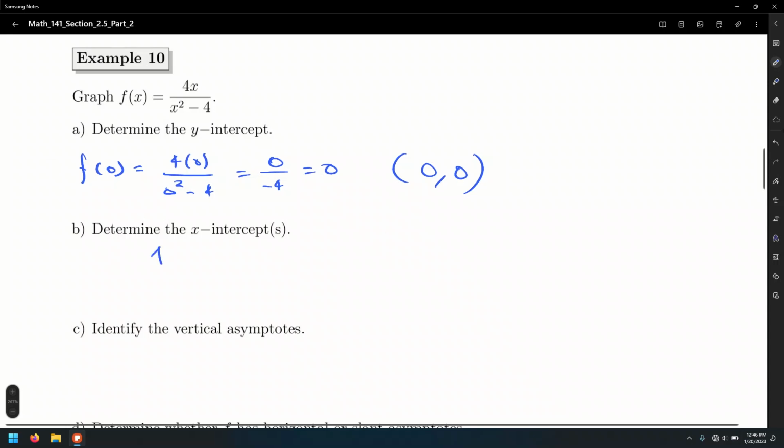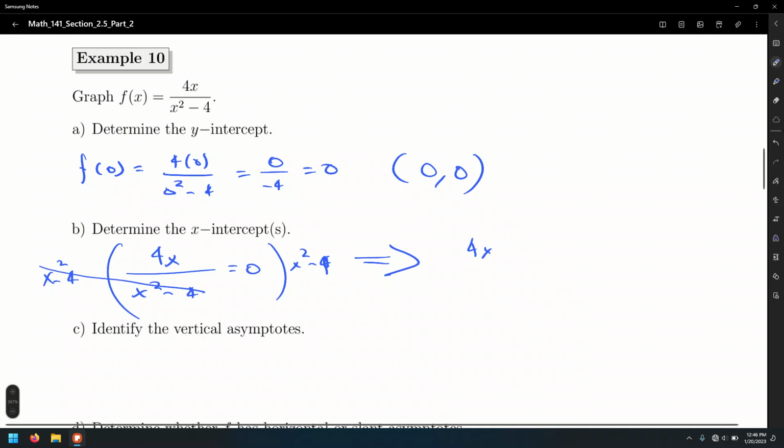Set the function 4x over x squared minus 4 equal to 0, multiply both sides by x squared minus 4, cancel this, and 4x equals 0. Divide both sides by 4, that's x equals 0, and like I mentioned before, this is again going to be the origin (0, 0).